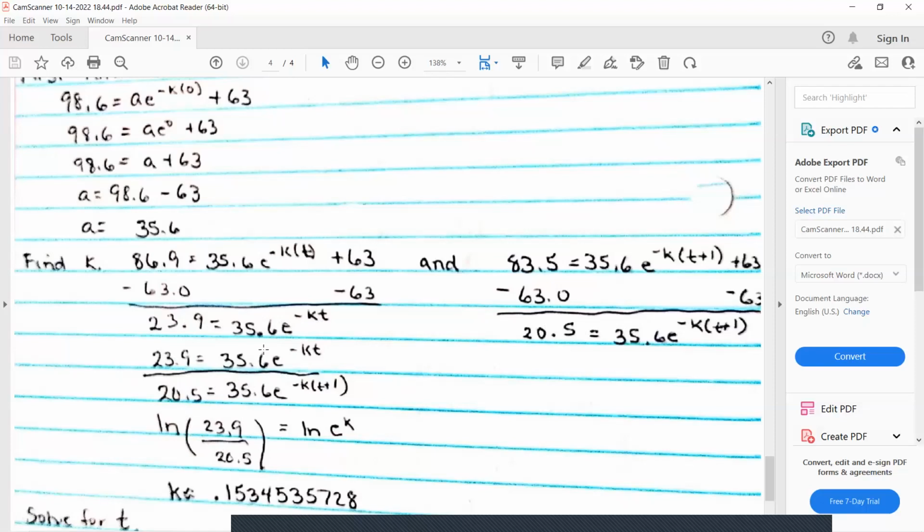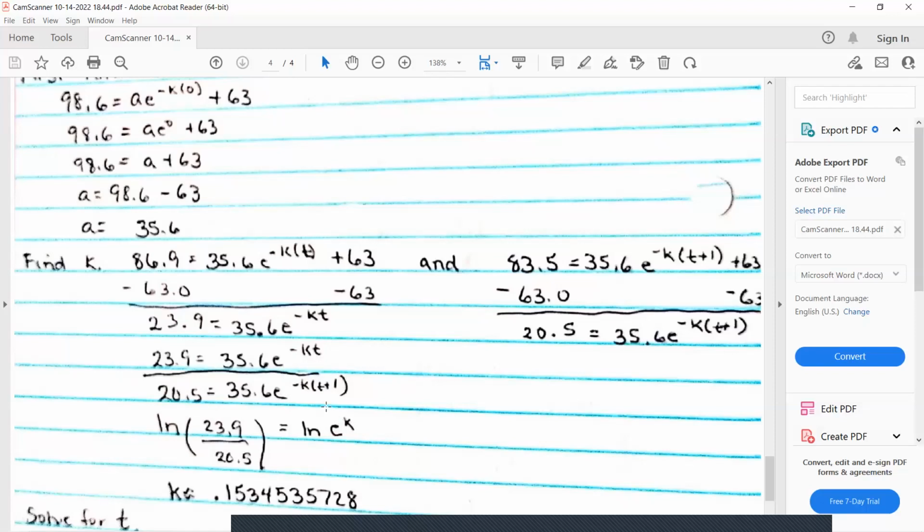The 35.6s cancel. The e's cancel. Now what happens here, I've got negative kt and negative k times t plus 1. Well, remember, I'm subtracting the exponents, so that leaves me with e to the k power.